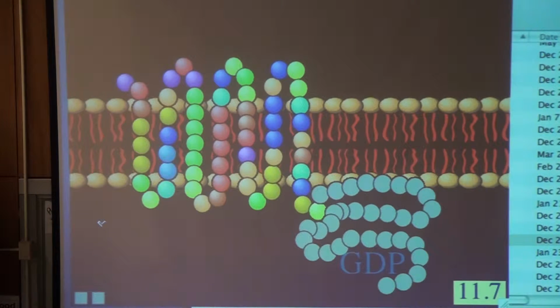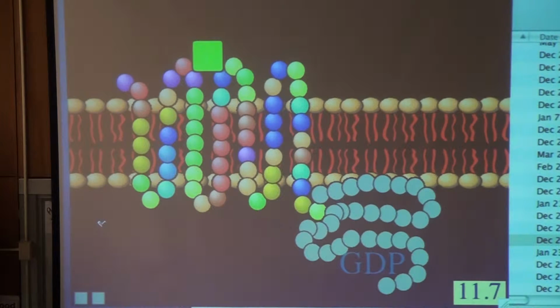Okay, so relay protein number 1 is still in the inactivated state. Along comes the signal molecule and binds to the receptor. Clunk. When the signal molecule binds to the receptor, that causes a slight shift in the structure, in the folding of the G protein linked receptor, and that change causes a slight change in the structure of the G protein.